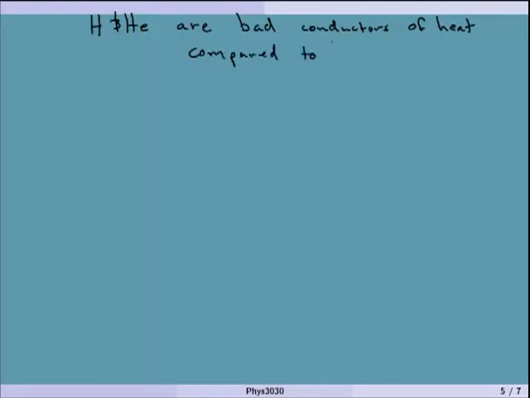to the heavier elements. Okay, so if we're looking at stars that are made exclusively of hydrogen and helium, then we know that the hydrogen and helium are bad conductors, so the thermal energy that I was talking about earlier is not given off to space as readily.